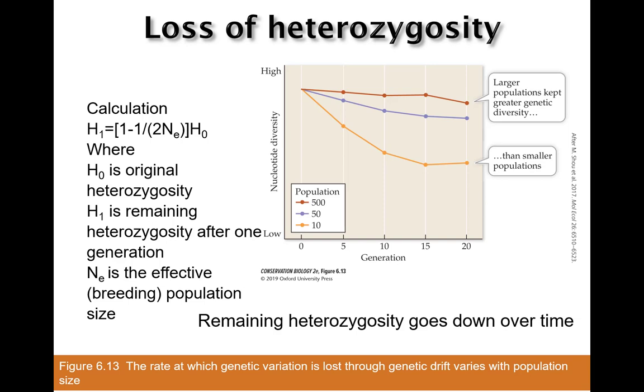And they do this with various effective population sizes. And what that shows is that with these different initial effective population sizes, we have smaller populations having less nucleotide diversity, or heterozygosity, genetic diversity, than the ones that started with a larger effective population.